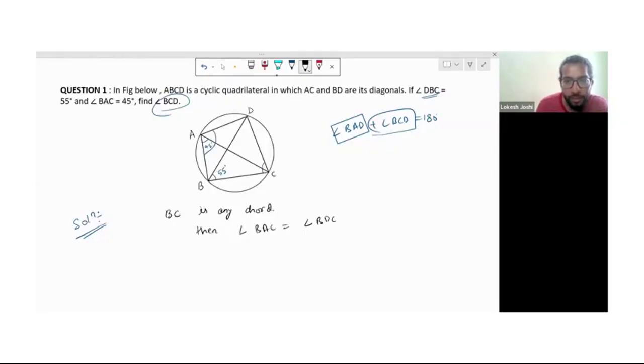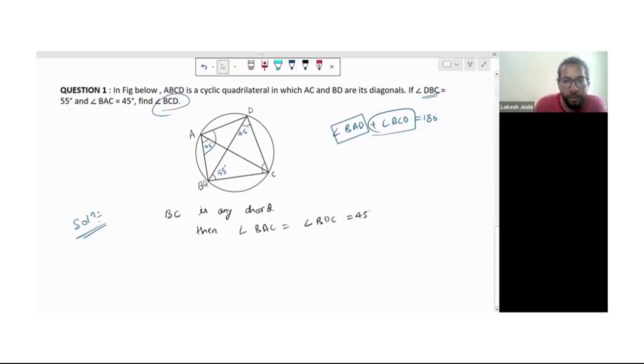Angle BAC is equal to 45, so we can say it is also 45. BAC is this one and BDC is this angle. So I can write that this angle is equal to 45 degrees.